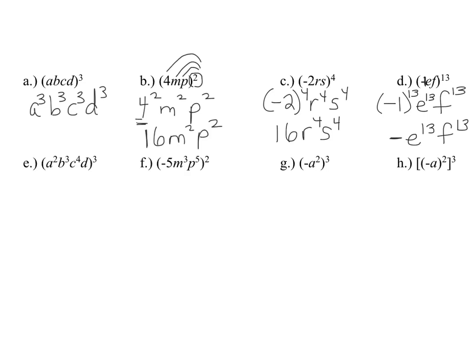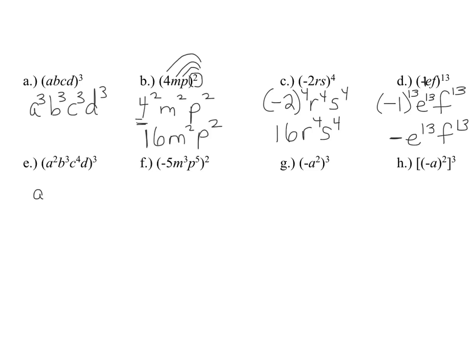Now let's take a look at the next ones. The next ones now, if you look, I have a bunch of exponents in here. So now we have to take the first rule that we learned, right? When I take an outside exponent in, what's the rule? This is a power to a power. So what operation do I do here? I multiply. So this would end up giving me a to the 6th, because 3 times 2 is 6.